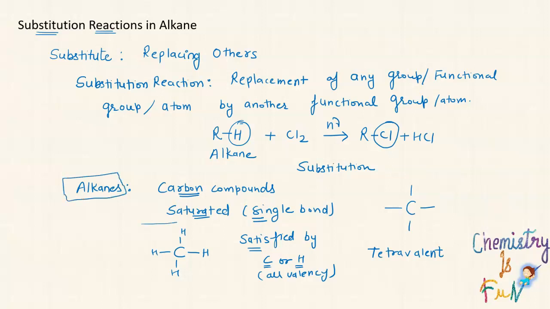So the first member of alkane will be when all the valencies are satisfied with all 4 hydrogen, 1 carbon and 4 hydrogen, that means CH4, and it is known as methane.